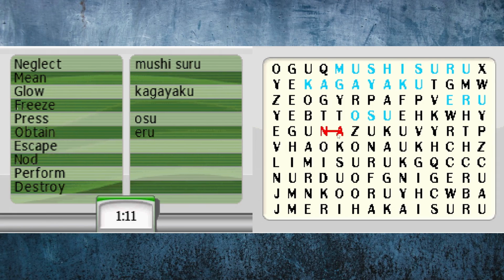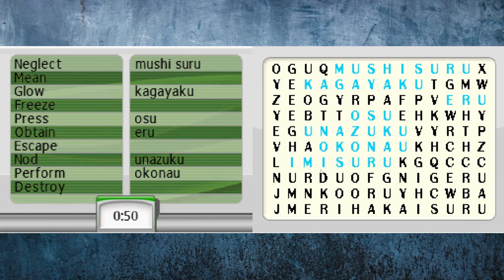Unazuku. Okonau. Oh, imi suru. Nigeru. Koru. Hakai suru.